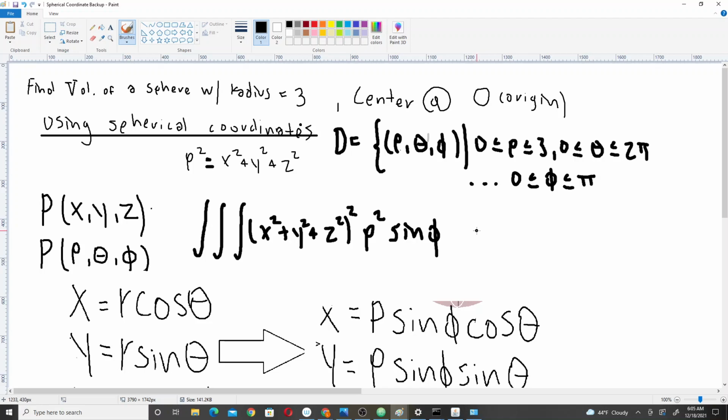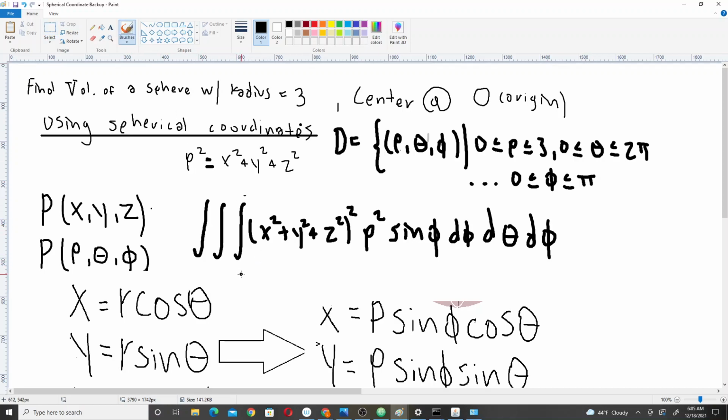Then the order of integration is d rho, d theta, d phi. My bad, the limits of 0 to pi are for the last one.